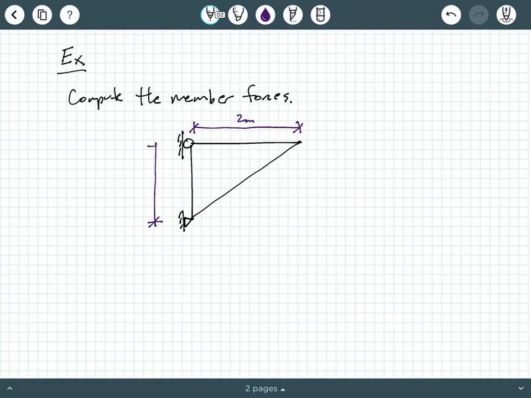We're gonna make this dimension 1.6 meters. And we're gonna say that we have a point load here of 20 kilonewtons. And then we have another point load here going to the right of 40 kilonewtons.